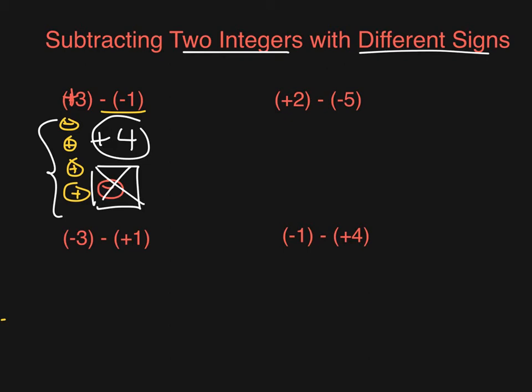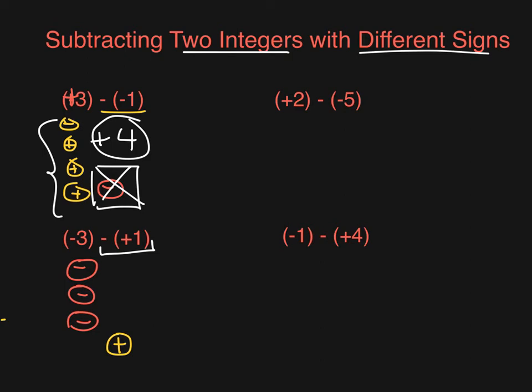The next problem that we have, we'll go down here to this -3, take away +1. So we start out with 3 negatives, 1, 2, 3 negative chips. This says that we need to take away a positive chip. Clearly we don't have a positive chip. We're going to put that in here.